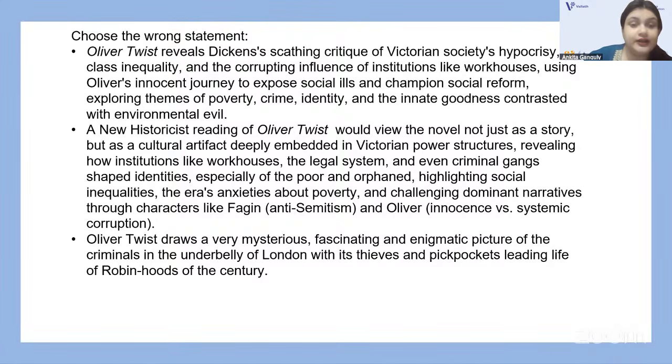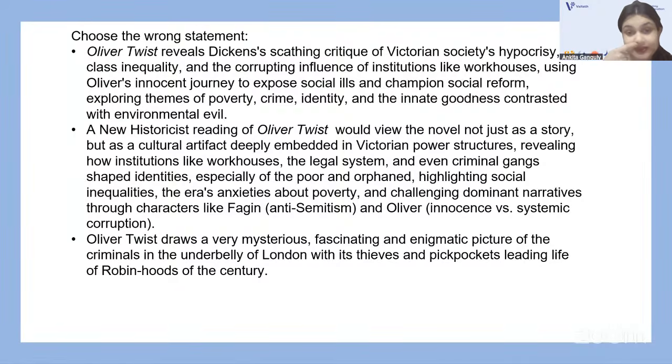Oliver Twist reveals Dickens's scathing critique of Victorian society's hypocrisy, class inequality, and the corrupting influence of institutions like workhouses, using Oliver's innocent journey to expose social ills and champion social reform, exploring themes of poverty, crime, identity, and the innate goodness contrasted with environmental evil.